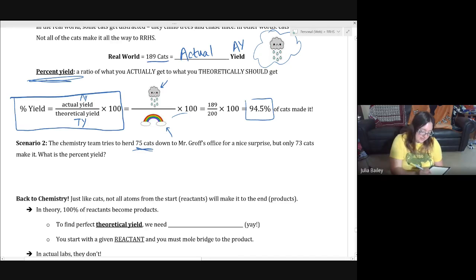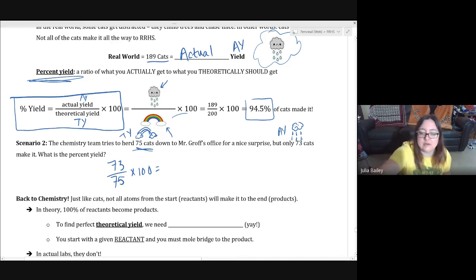Well, the 75 cats, that's our sunshine and rainbows number. And the 73 cats, that's our sad rain cloud number. Oh, it's so sad. We're going to take that actual yield of the 73 and divide it by the theoretical yield of the 75, still times 100, because that's going to turn our decimal into a percent.